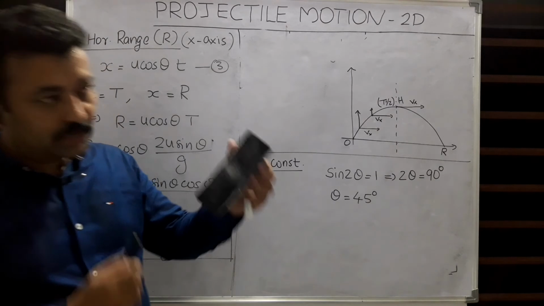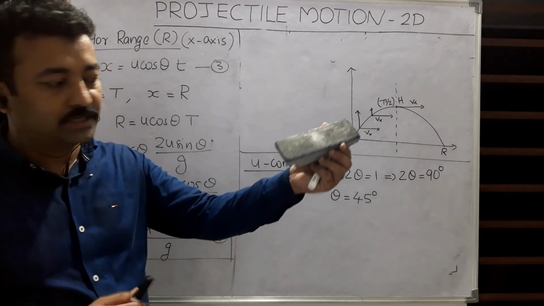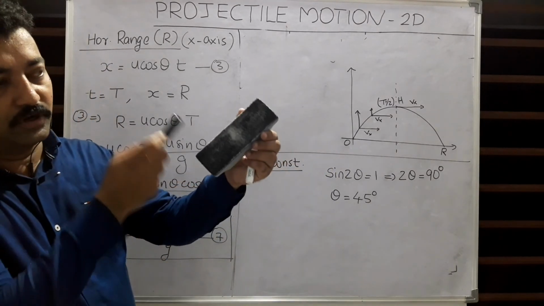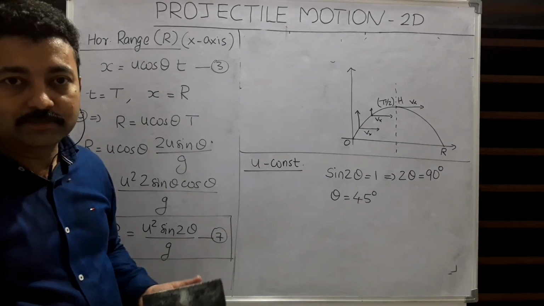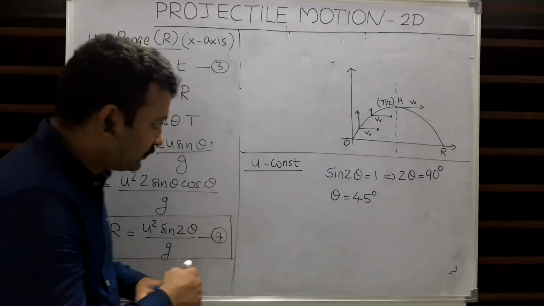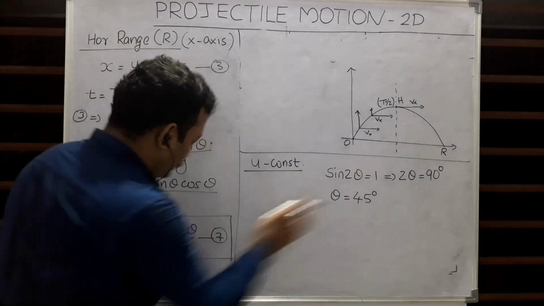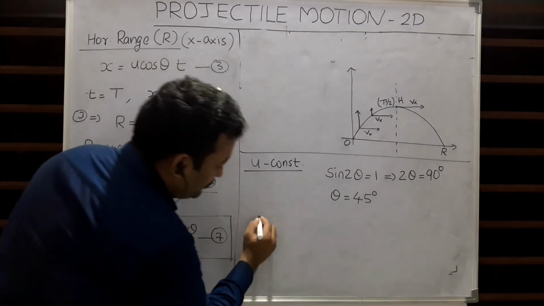Or for a given gun to reach maximum range, it has to be projected at 45 degrees with respect to the horizontal. So when theta is 45 degrees, sine 2 theta is 1, and the range becomes maximum.